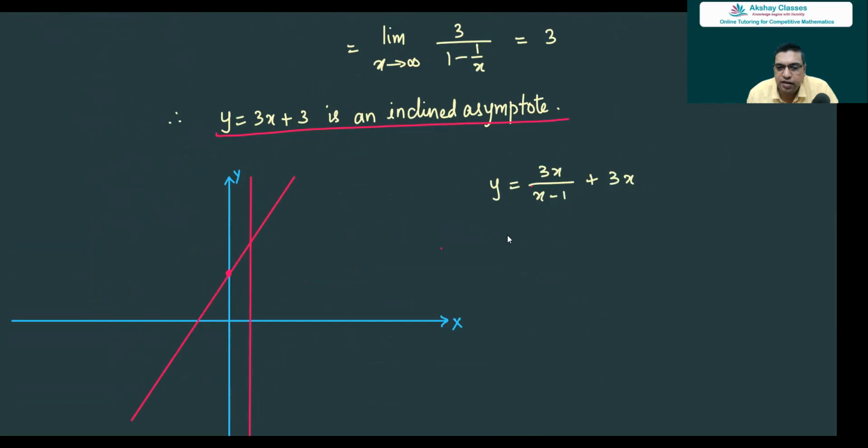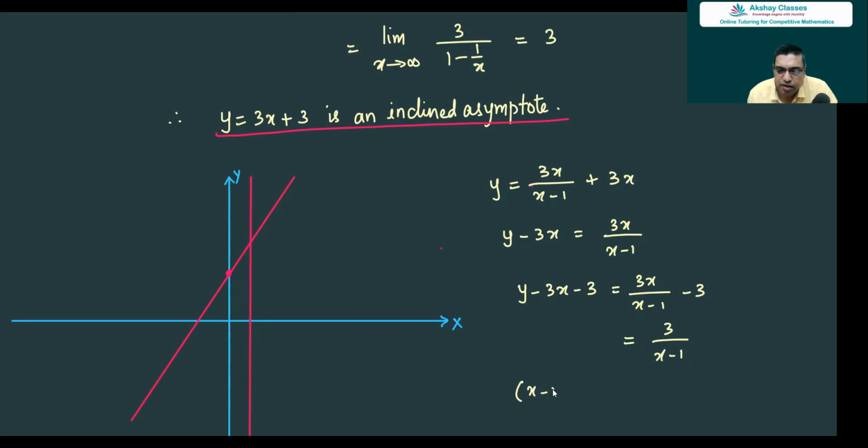So I get y minus 3x is equal to 3x by x minus 1. So my line is y minus 3x minus 3. So I will subtract 3 both sides. So what do I get? 3x cancels. I'll get 3 upon x minus 1.